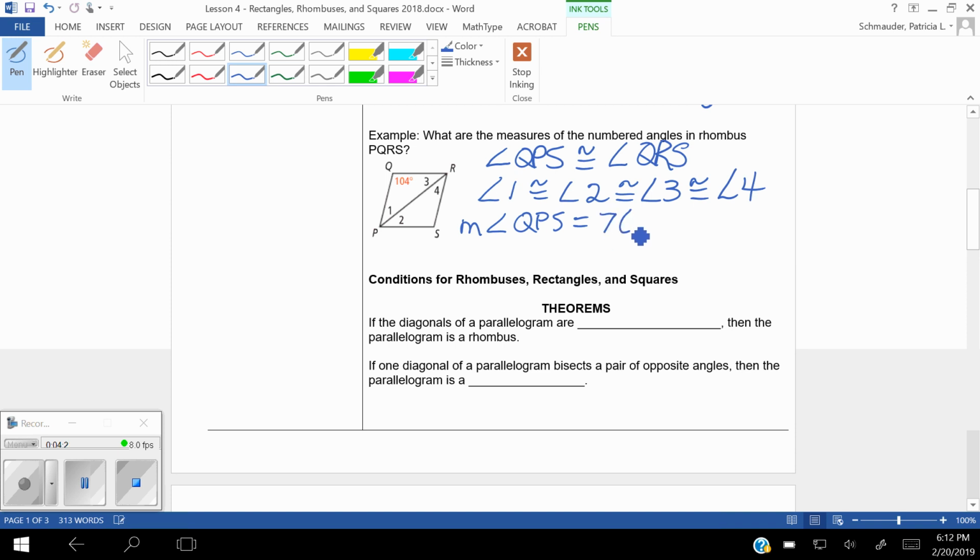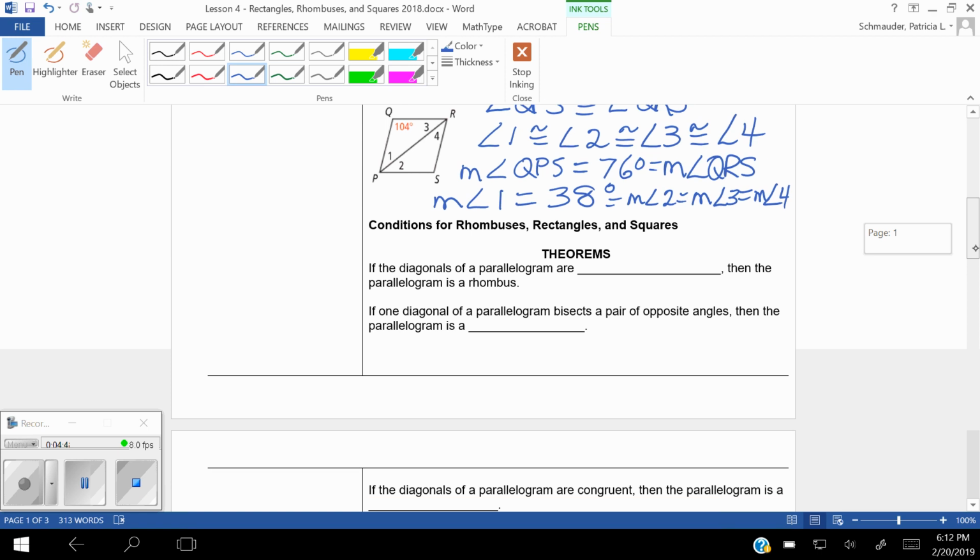Which is 76 degrees. And this is also the measure of angle QRS, just like we said above. So what do we got to do now? We got to divide that in two. So the measure of angle 1 is 76 divided by 2, which is 38. And that's also the measure of angle 2, angle 3, and angle 4.